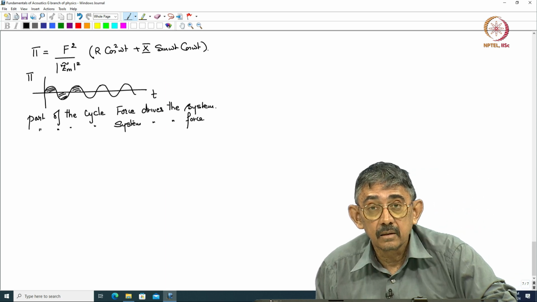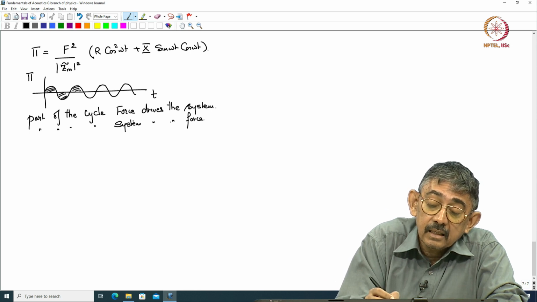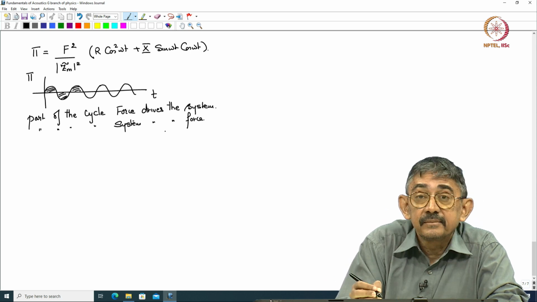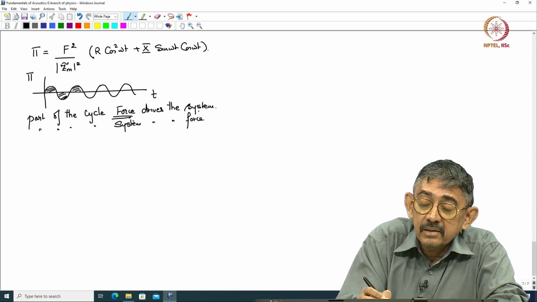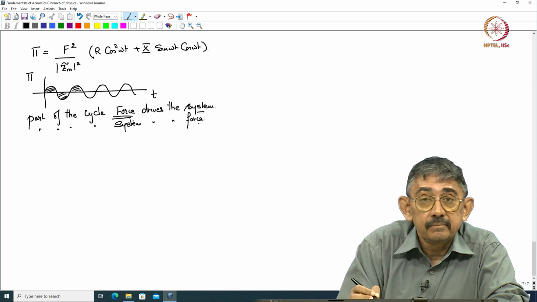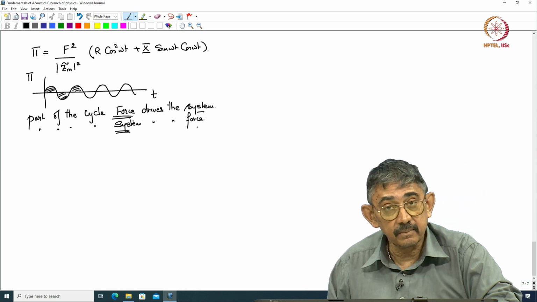So here the system takes the power back, here the force drives the system, gives the power to the system, here the force takes it back, or in other words the system drives the force, the system gives it back to the force.